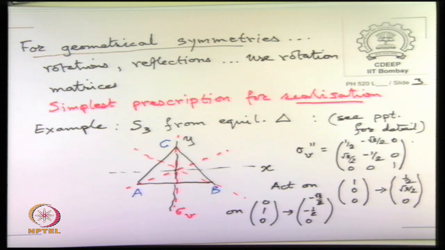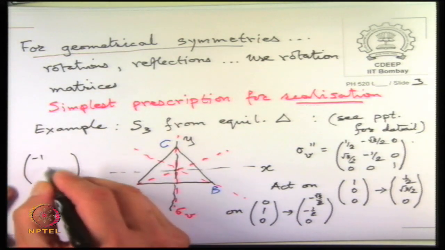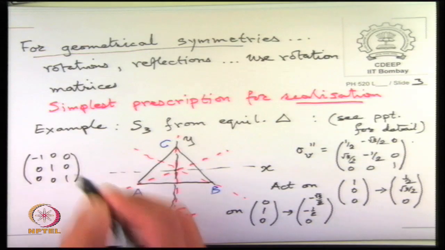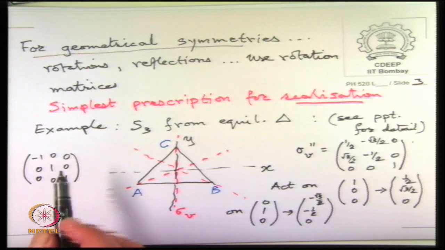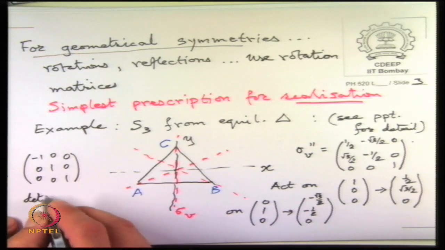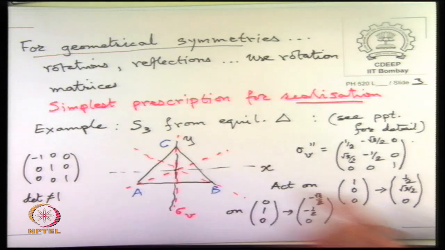We note that the matrix -1, 1, 1 is also not orthogonal. It is orthogonal, but the determinant is not equal to 1. So this kind of a transformation will be a rotation plus a flip combined, an improper rotation.